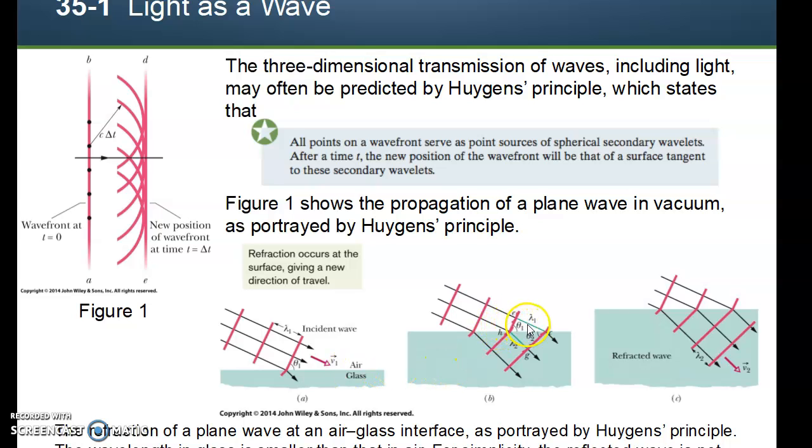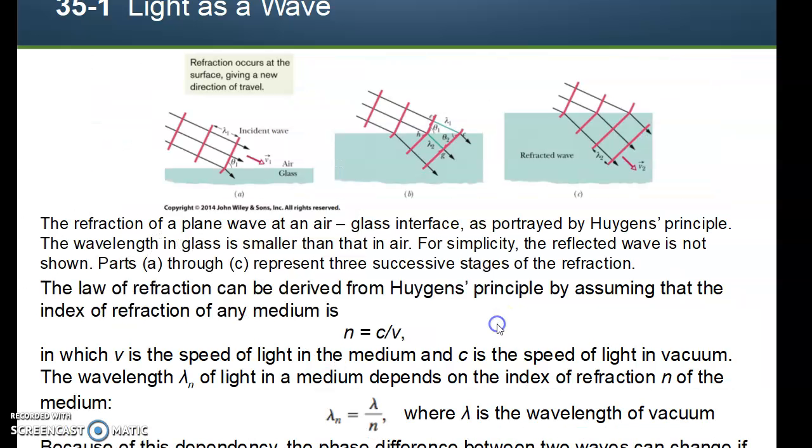And so what you see is that you are getting a bending type of activity, and it becomes more pronounced as you go through that. It will continue on like that. So you have 3 separate stages here as it goes through, and it continues on other stages until it gets out to the other side.